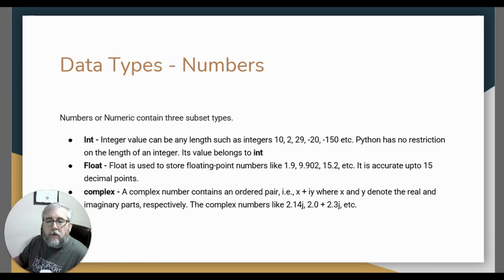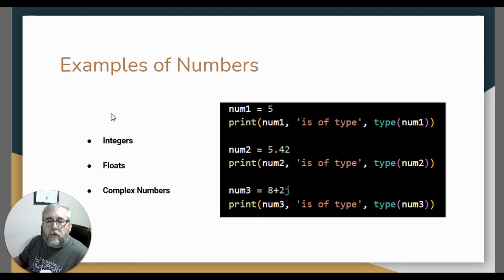Alright, moving on. So what would one look like in a Python script utilizing an integer or numbers? An integer would be something like, if we have a variable of num1, it can equal 5, and we can print that out. We can print out the numeric value along with some strings.